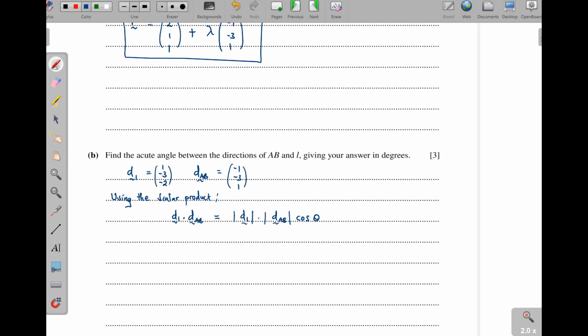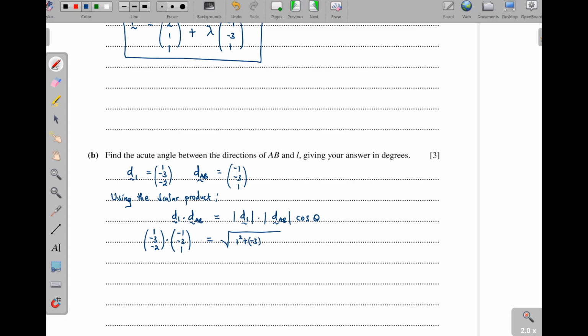Now, we shall get (1, negative 3, negative 2) dotted with (negative 1, negative 3, 1). This will be equal to the square root of, now we are finding the length of this one here, 1 squared plus negative 3 squared.